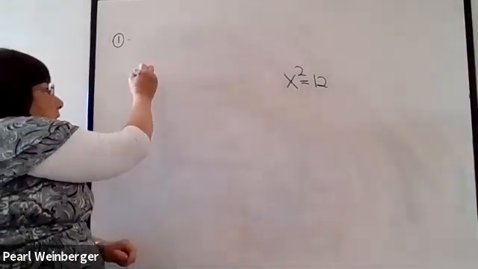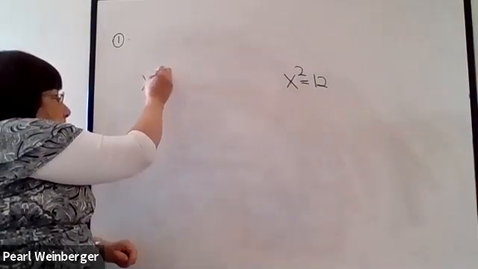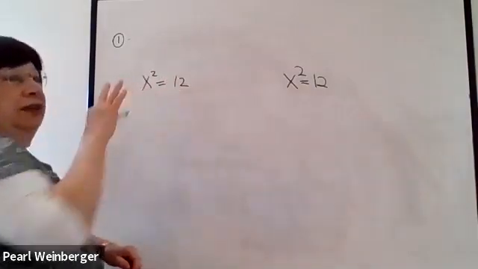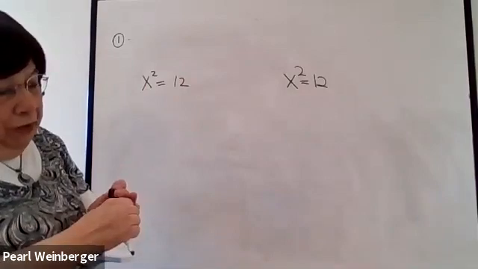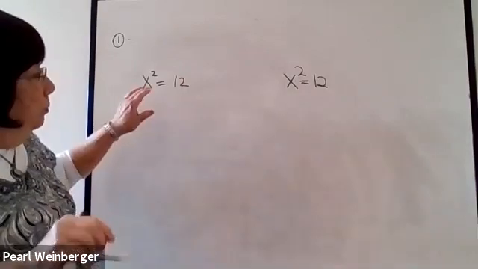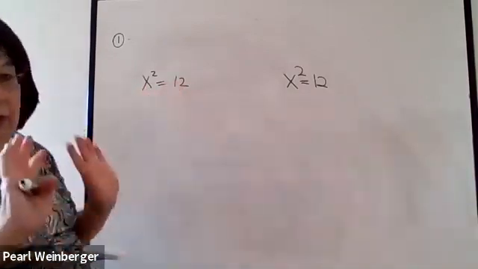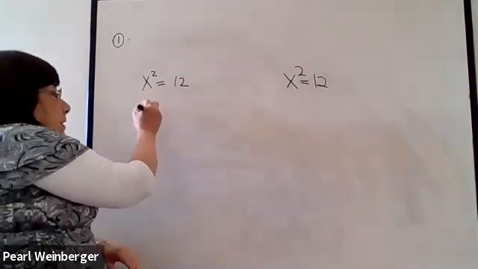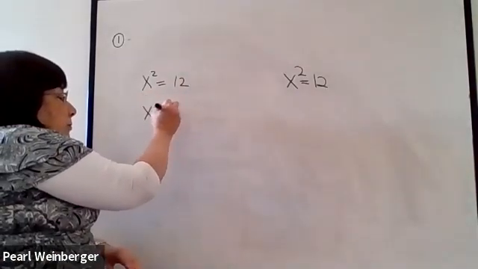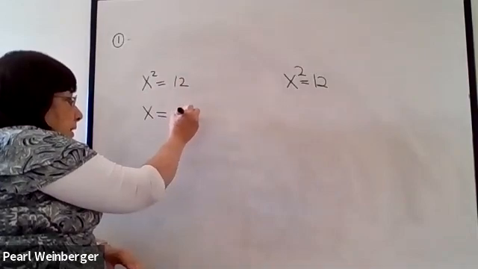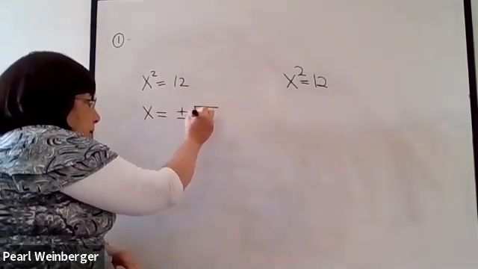So we have x squared equal to 12, and it's set up perfectly for what we call the square root method. We have x squared equals a number. We know the next step is to just set x equal to plus or minus the square root of that number, 12.